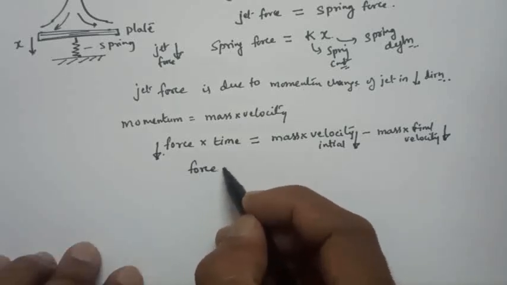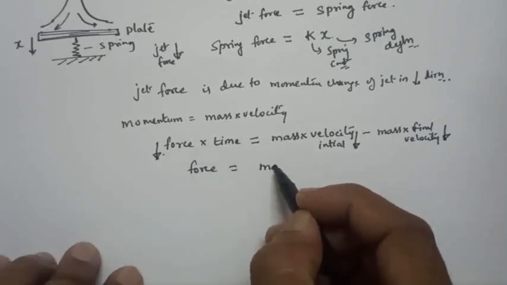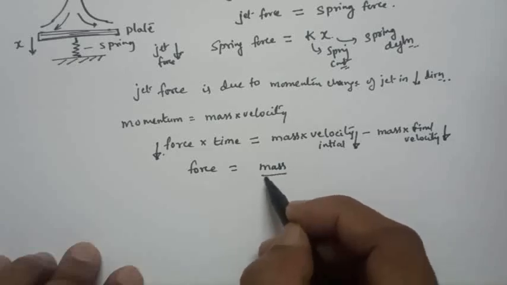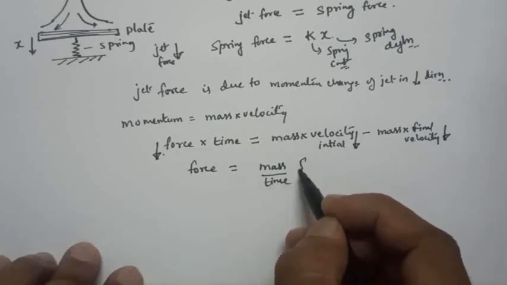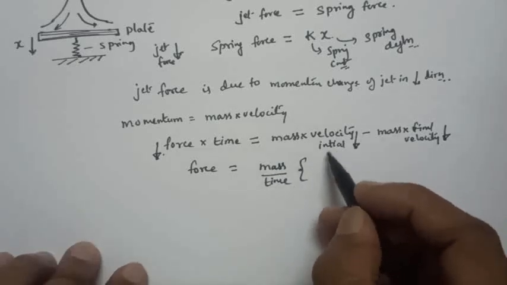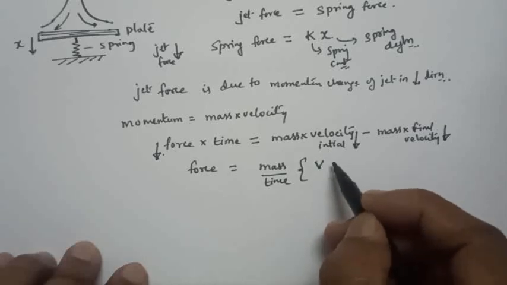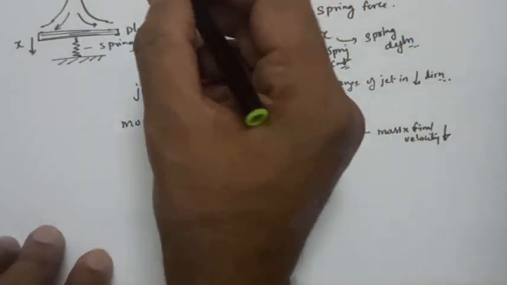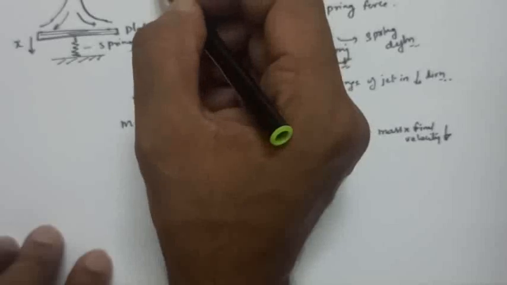So force will be mass divided by time, times the initial velocity, which we'll call v. That is the velocity of the jet.